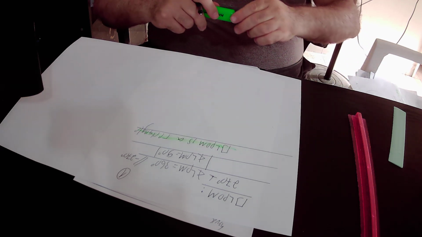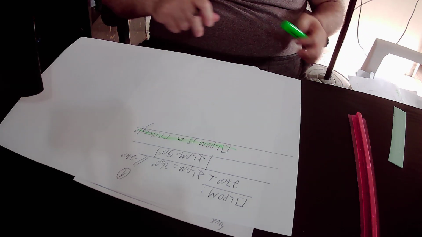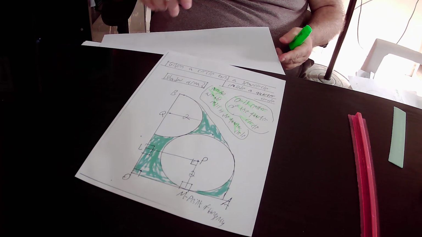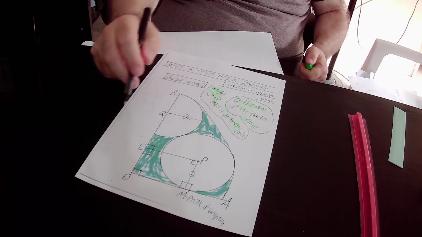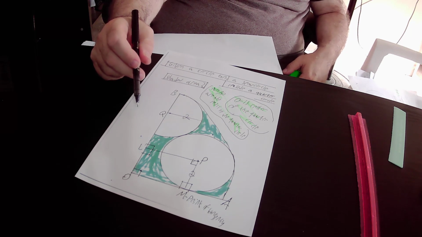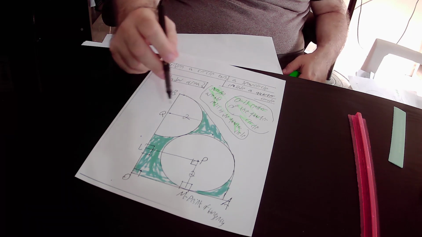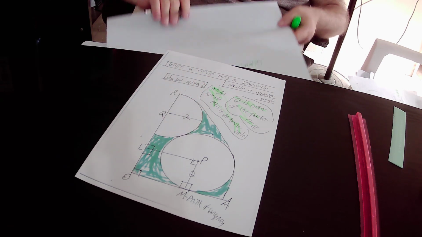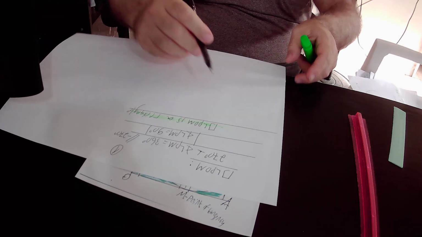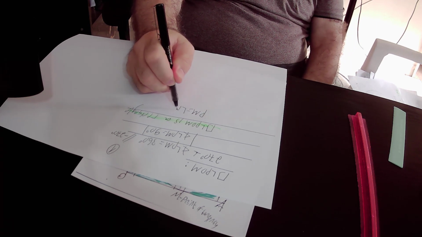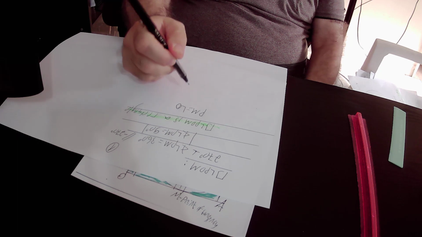And we also know that the opposite sides of a rectangle are equal to each other. So the opposite sides of rectangle LPOM are equal to each other. So it means that side PM must be equal to side LO, according to the rule that the opposite sides of a rectangle are equal to each other.